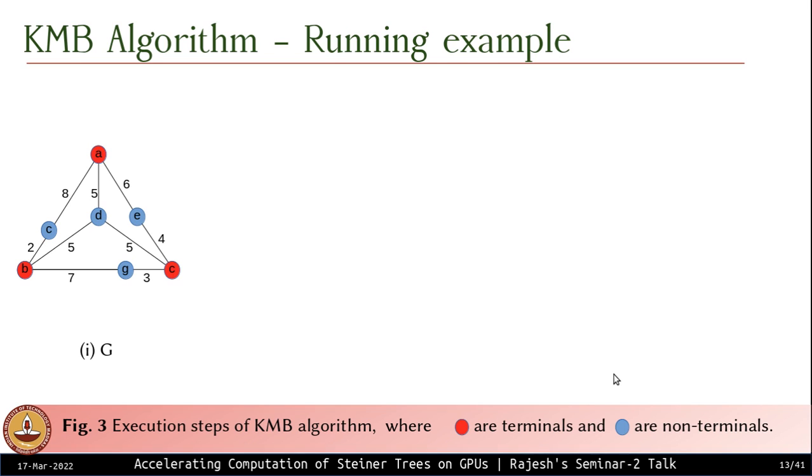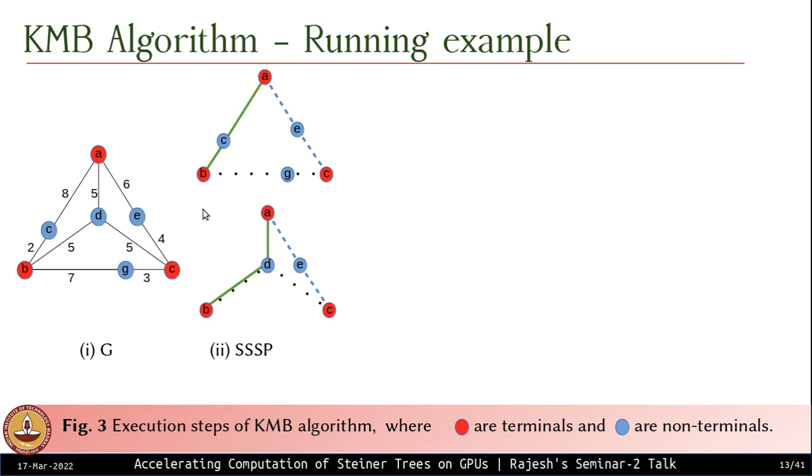So we'll run quickly through the algorithm using this example. We are going to show you two different executions of the same algorithm. What is the first step? The first step involves the shortest path distance between every pair of terminals.